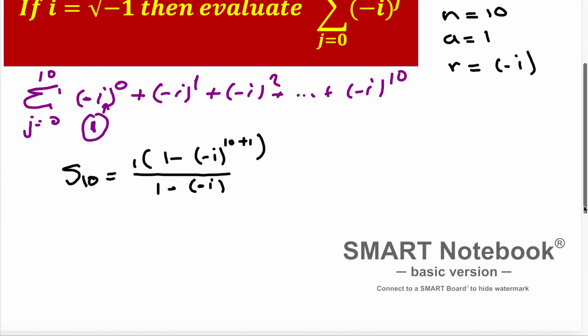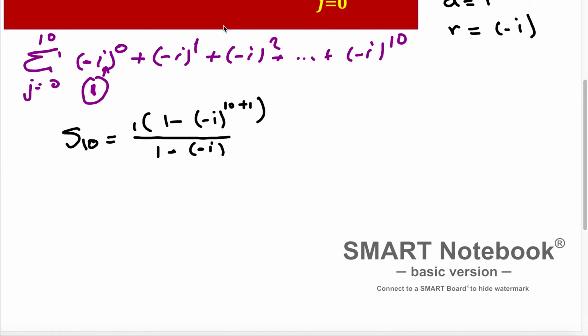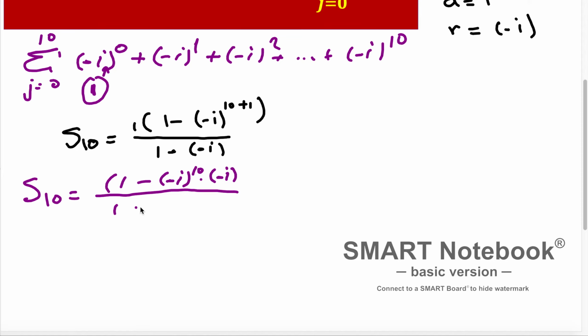If I multiply by 1, the expression stays the same: 1 minus (−i)^10 times (−i)^1. And in the denominator, negative times negative is positive, 1 plus i.